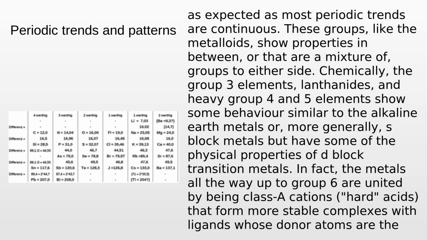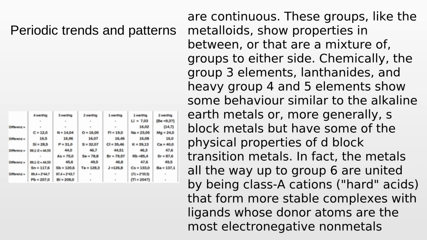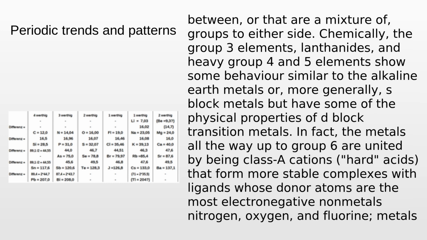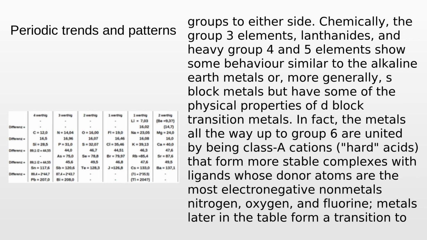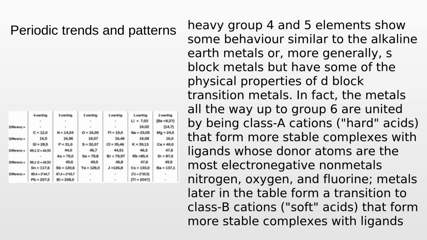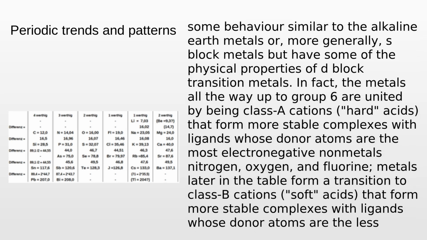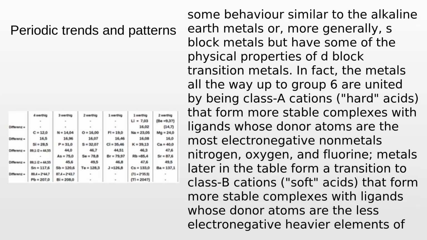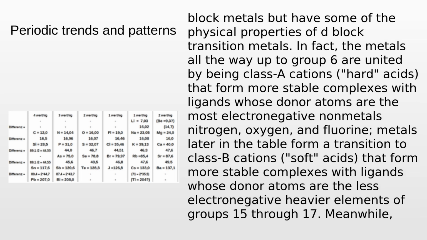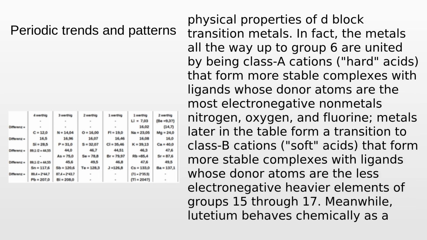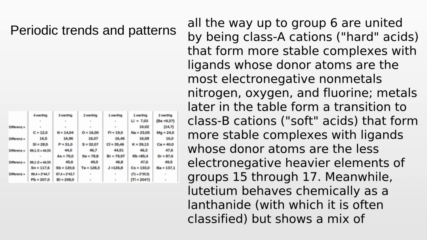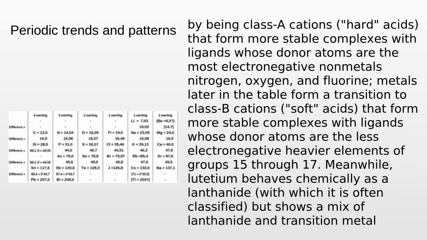Chemically, the group 3 elements, lanthanides, and heavy group 4 and 5 elements show some behavior similar to the alkaline earth metals, or, more generally, s-block metals, but have some of the physical properties of d-block transition metals. In fact, the metals all the way up to group 6 are united by being classed as cations, hard acids, that form more stable complexes with ligands whose donor atoms are the most electronegative non-metals: nitrogen, oxygen, and fluorine.